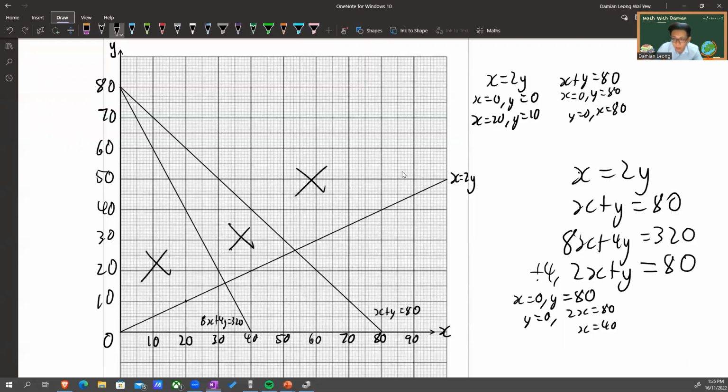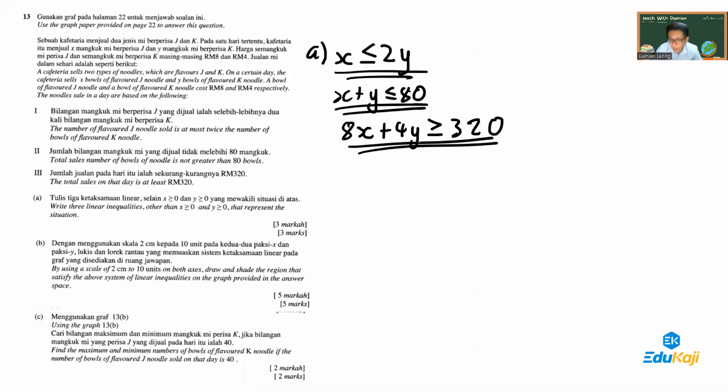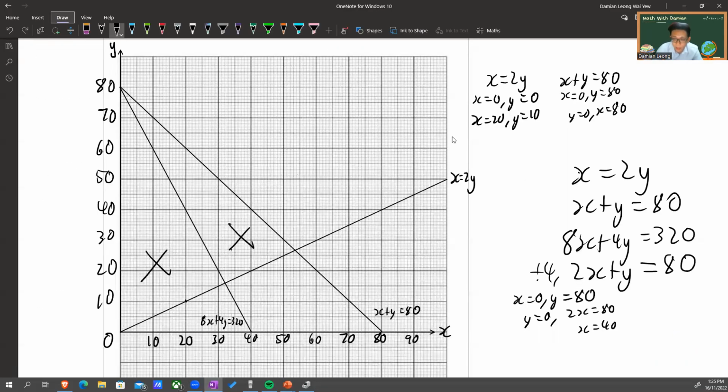Then x plus y less or equals 80. X plus y equals 80 here. Less means below. Below means it cannot be this one, so I erase that. Can be either these two. And one more is 8x plus 4y more or equals 320. More means above this line.